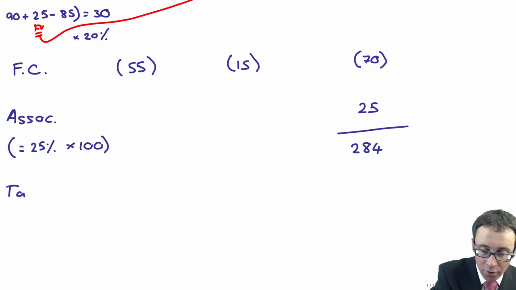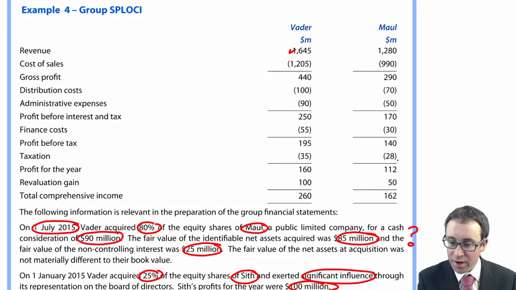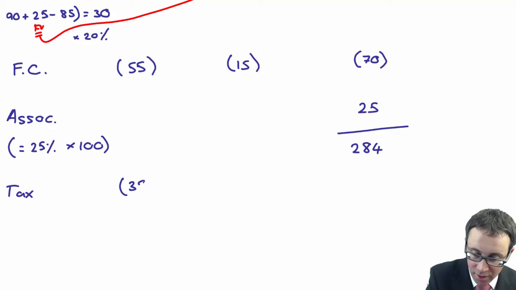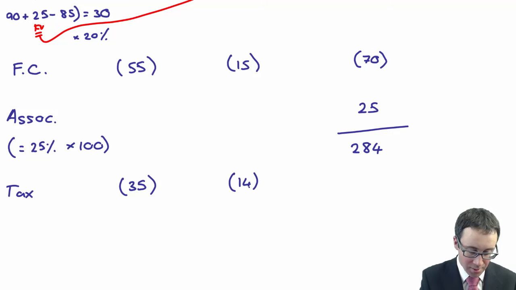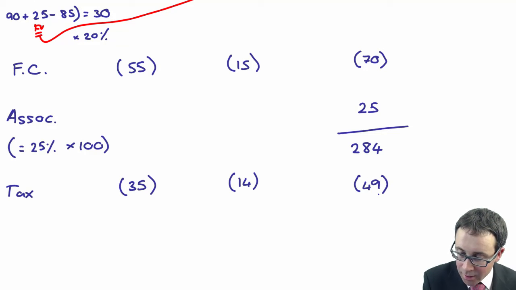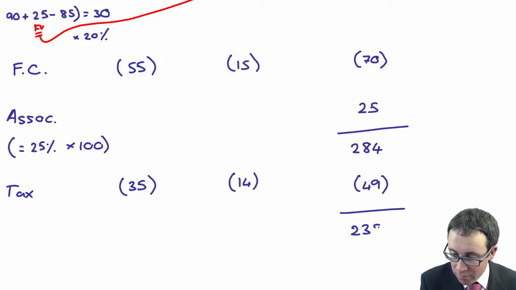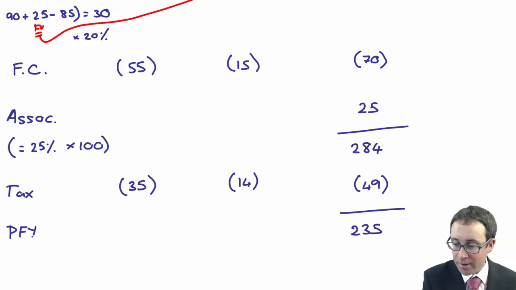Once you've got your 284, we're then into the realms of tax. 35 and half of 28. So 35, half of 28 is 14. So that gives me 49. Does that give me 235 as my group profit for the year?